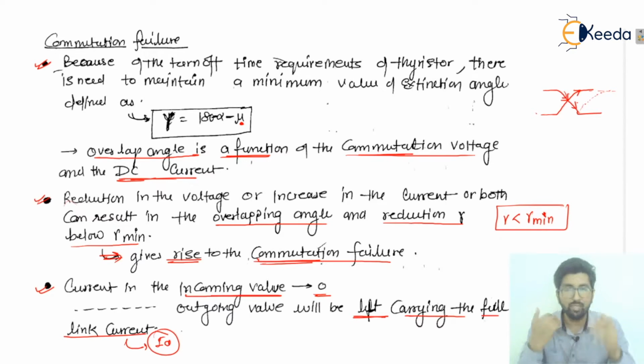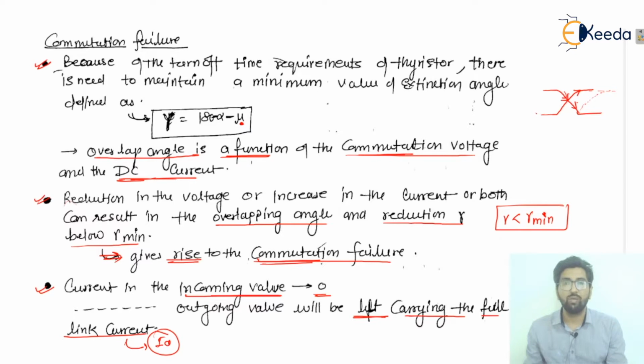Incoming valve number 3 is about to conduct, and after the commutation the I3 current will be equal to ID, and the current in valve number 1, which was earlier conducting, will be off, so the current will be 0.